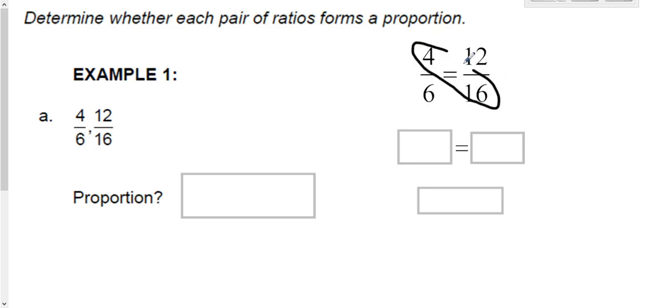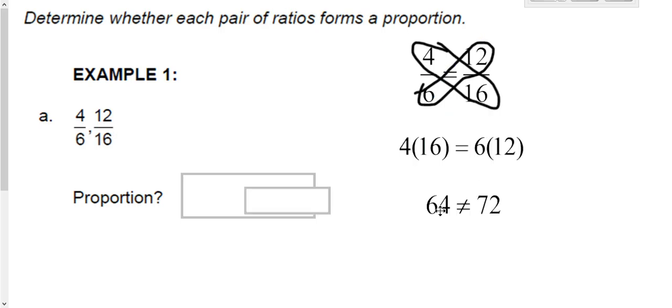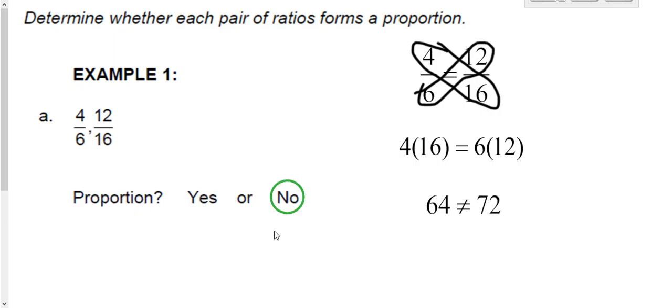So the 4 times 16, this cross product, should equal the other cross product, which is 6 times 12. If we multiply them out, we see that they are not equal. This side is 64, this side 72. So is it a proportion? No, it's not a proportion. The cross products are not equal.